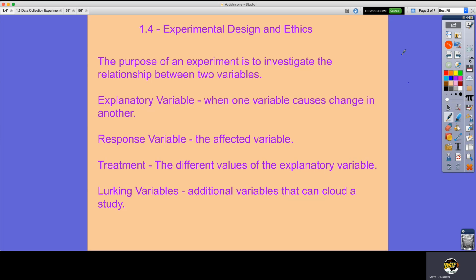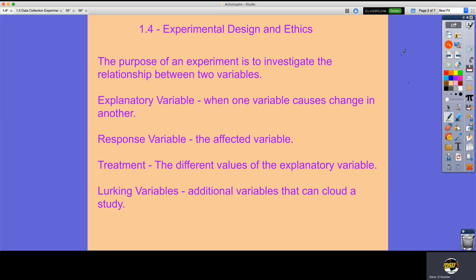So that would be the explanatory variable. All right, and then as it says down before, the treatment is the different values of the explanatory variable. So say there was a 60% chance of having a storm tonight. That would be your treatment. Say it was a 20% chance. That would be your treatment, and so on.